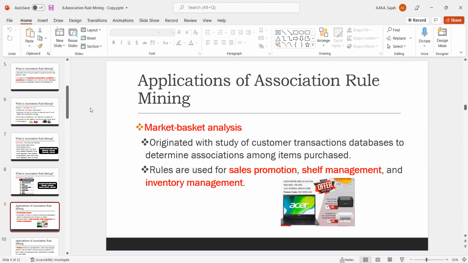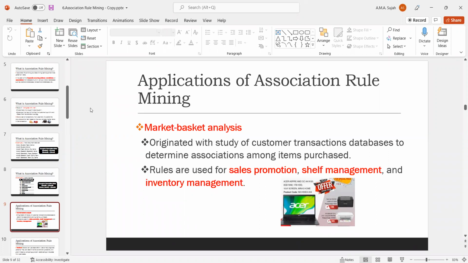Everything is there in a particular area. How do they locate those things in a particular place? They already know the patterns, association rules related to their customer transactions. Among the transactions, they decide how to arrange the products. Also, whenever you find some association rule, you can recommend some products, or you can introduce some promotions for their customers.